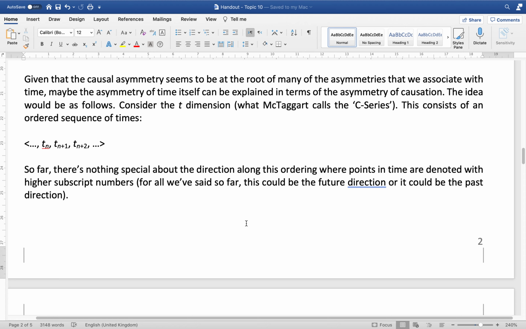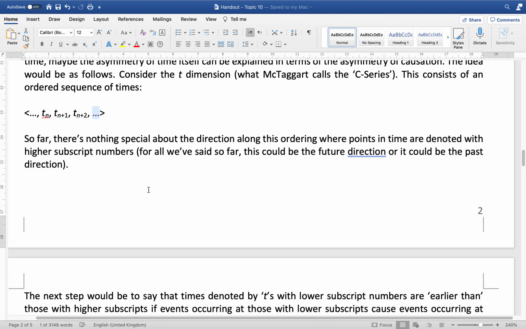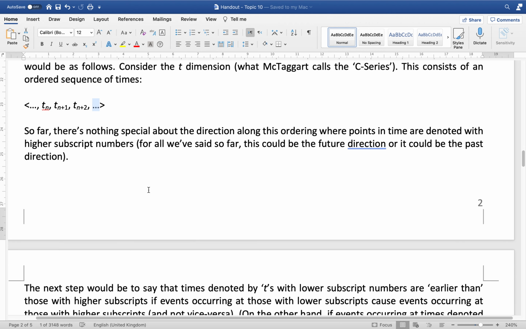We don't yet have a privileged directionality, so just because we've got an ordering, we haven't yet said whether one end of the order is the earlier times or whether it's the other end of the order that's the earlier times. So we can denote times t n plus 1, t n plus 2. I guess the ellipses indicate the fact that we're not committing to a first moment in time or a last moment in time. We might do, we might not.